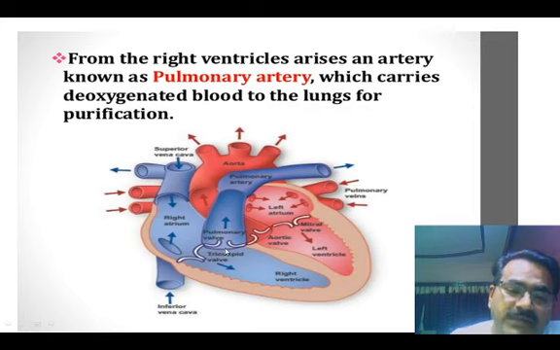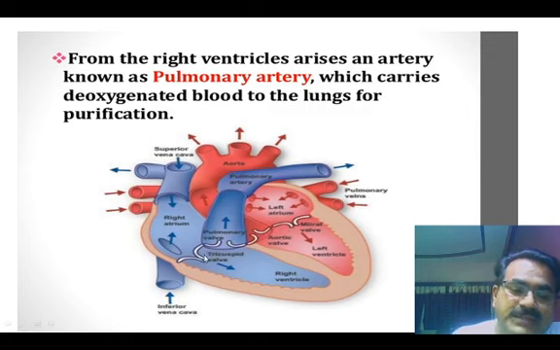From the right ventricle arises the pulmonary trunk, the truncus arteriosus, and it transports the blood toward the lungs with the help of the pulmonary artery. It is guarded by the pulmonary valves. How many types of valves are there here? Tricuspid valves, bicuspid valves, and pulmonary valves.